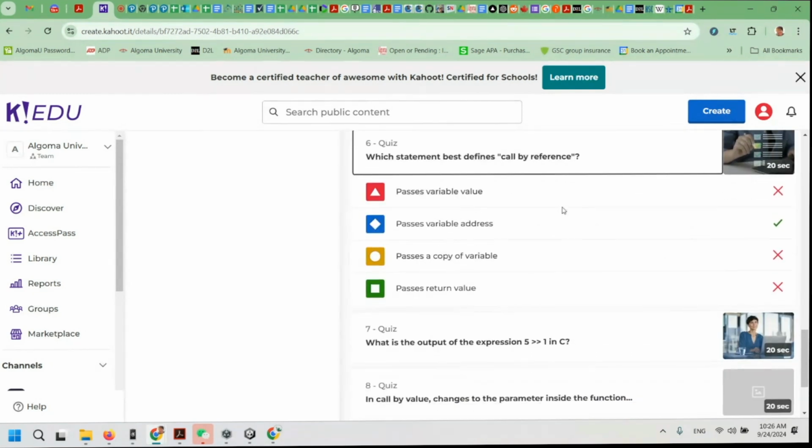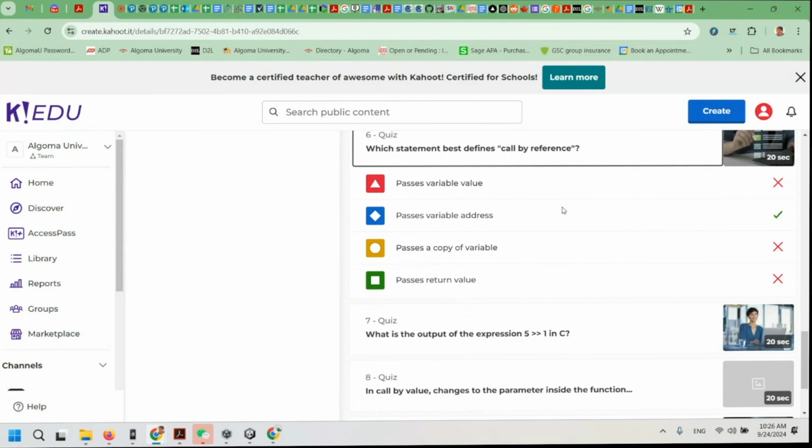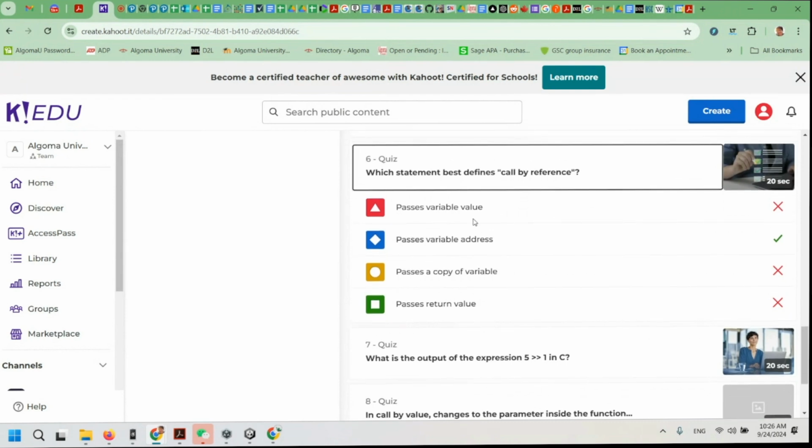Okay, this one, I think most of you got it right, but it won't hurt to repeat it. So, yeah, call by reference. We might not have explained that explicitly in our slides, but if we're passing an array into your functions, that is called by reference.